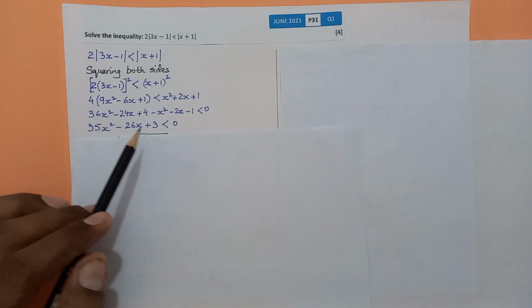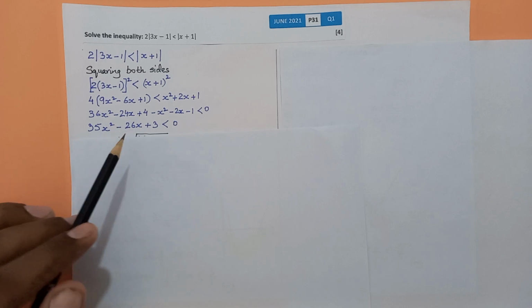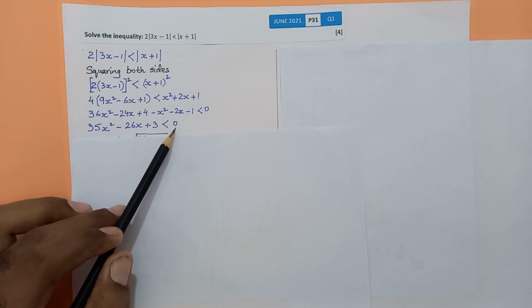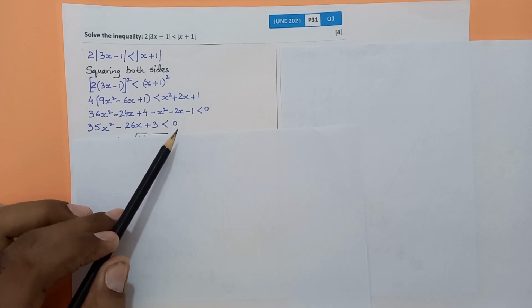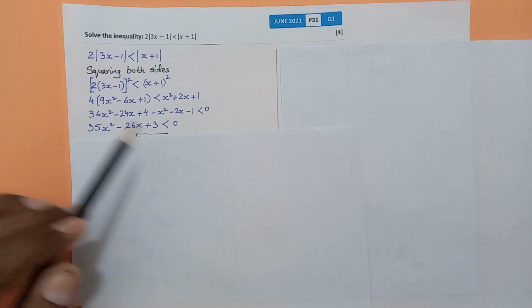So the next step is finding the critical values. Finding the critical values means finding the values of x when the value of y is 0, because based on that finding the set of values would be easy.